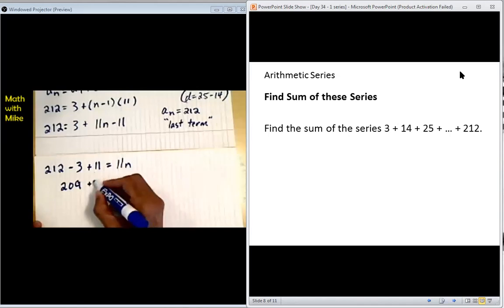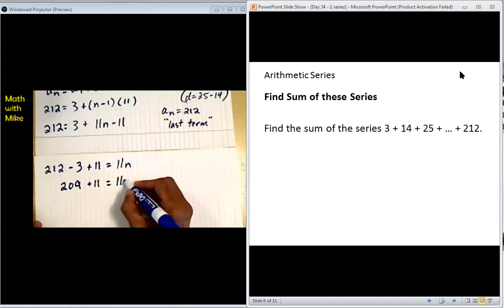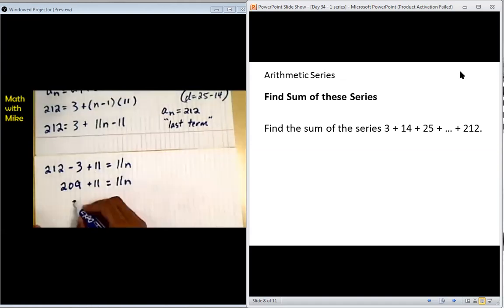If it's all floating around behind your eyeballs, sometimes it doesn't work. So we have 220. Now divide by 11, and how much is this going to be? 20.